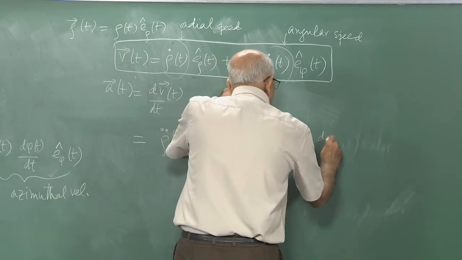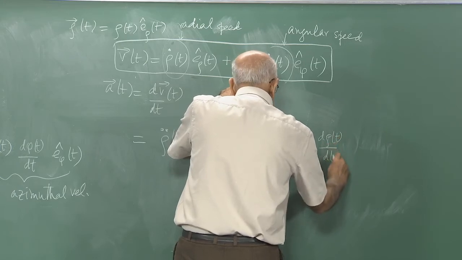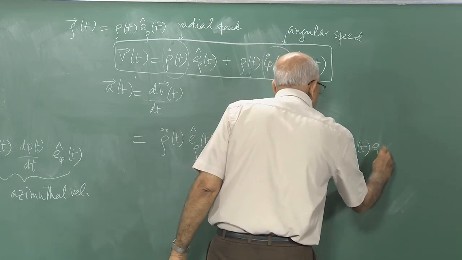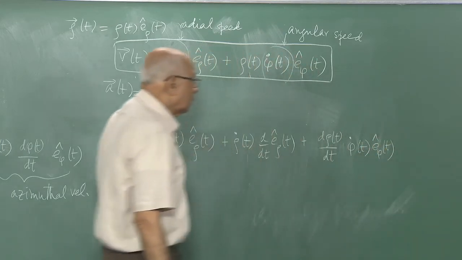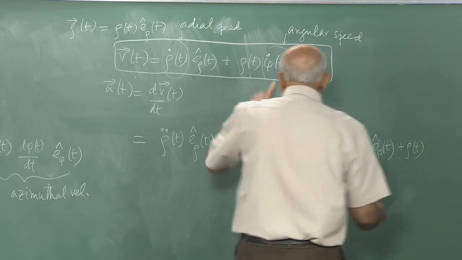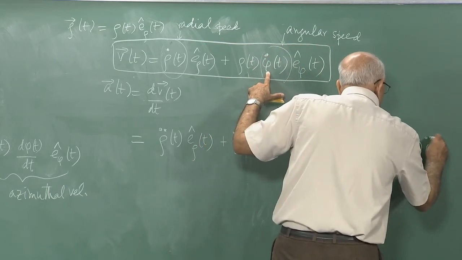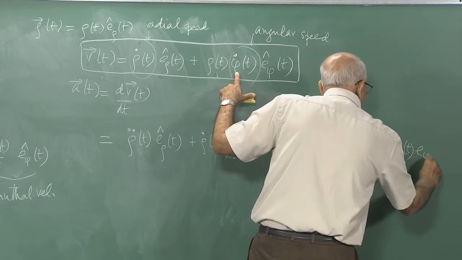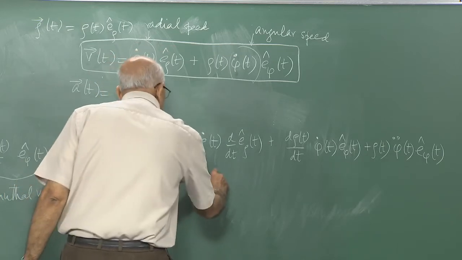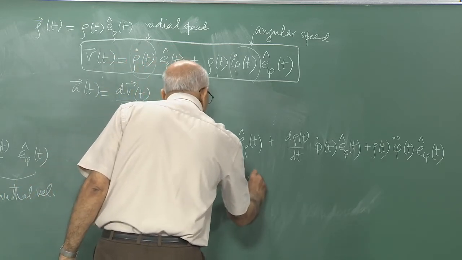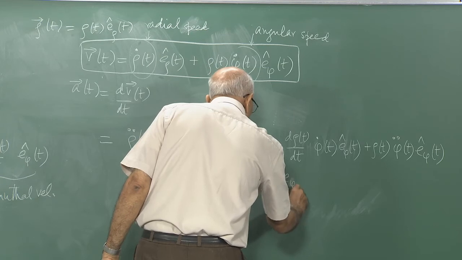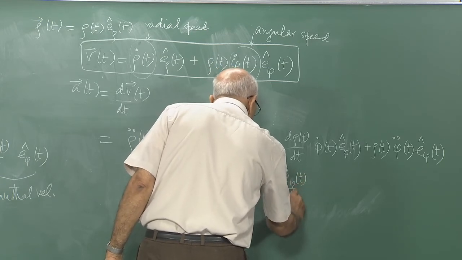I need to differentiate this. So there is a d rho over dt in this fashion, and the rest of it remains unchanged, phi dot of t E phi of t, plus again by the chain rule there is a rho of t, I differentiate this, that gives me a phi double dot of t E phi of t, and finally there is one more term which is rho of t phi dot of t d E phi of t over dt.